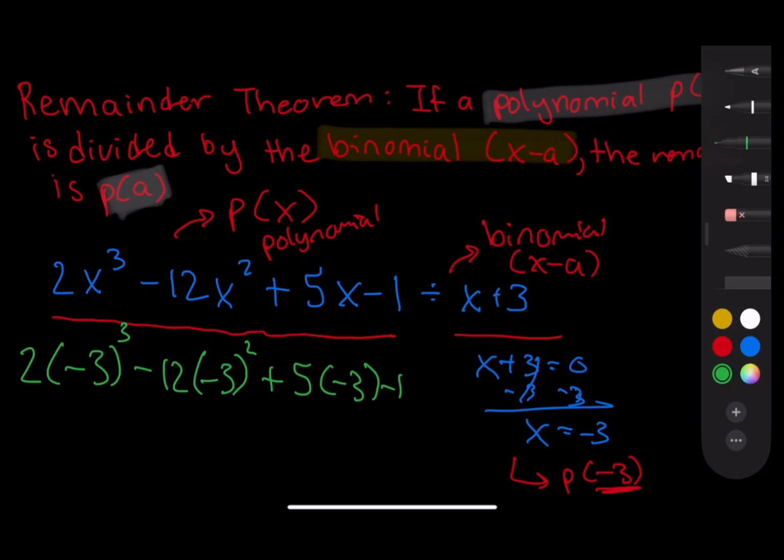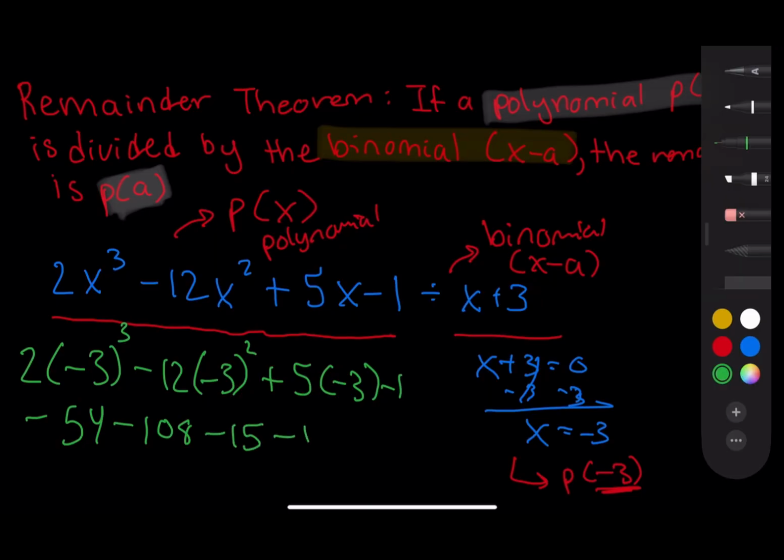Here you should use your calculator. Now you have to do negative 27 times 2, which is negative 54. Now negative 3 times negative 3 is positive 9, and then 9 times negative 12 is negative 108. 5 times negative 3 is negative 15, and then minus 1.